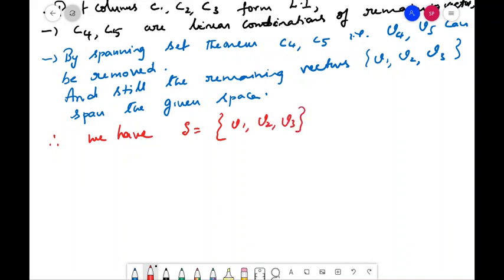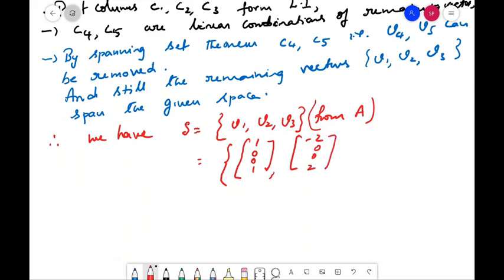This is from A, not from the echelon form. From matrix A, what are those vectors in the set? 1, 0, 0, 1, minus 2, 0, 0, 2, 3, minus 1, 1, minus 1, and that's it. These three vectors.